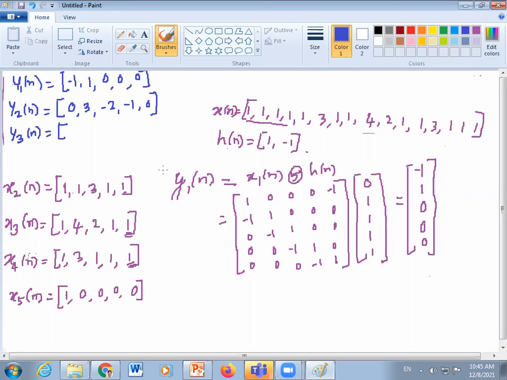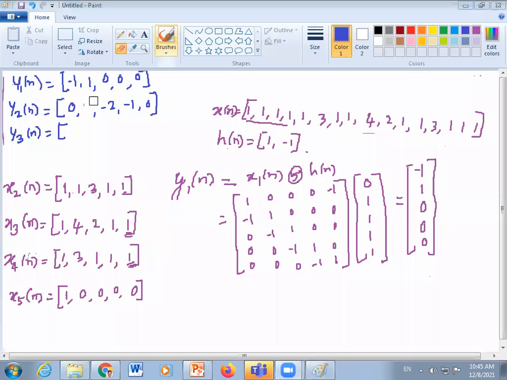Oh, I think something is going wrong. What about the second answer? The second is different, sir. What is the difference, tell me. 0 0 2 minus 2 0 comes. Yes, sir. 0 0 2 minus 2 0. Okay.